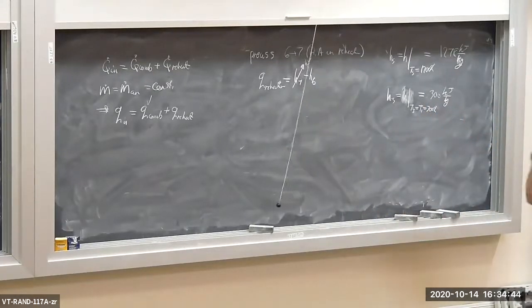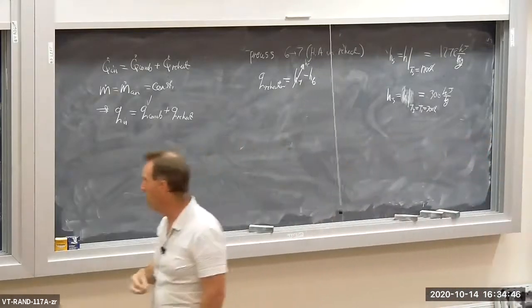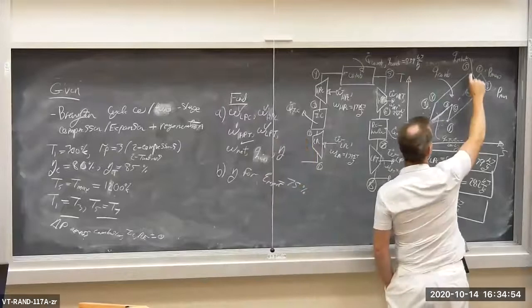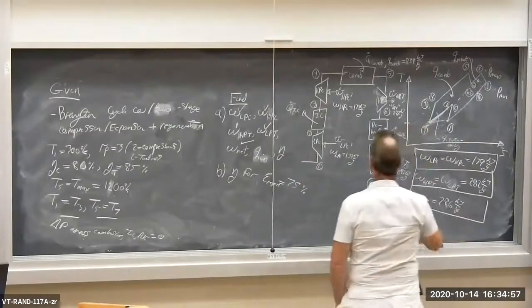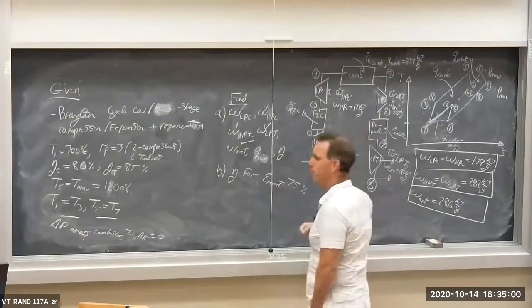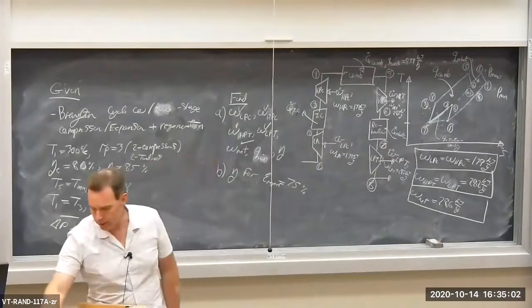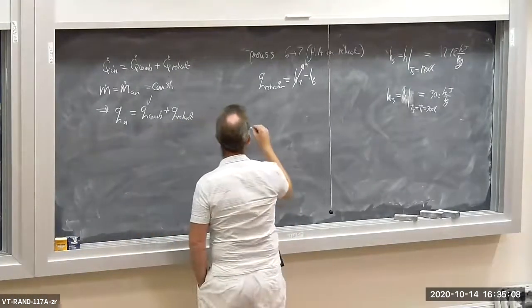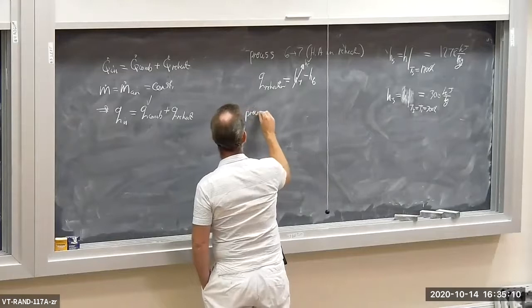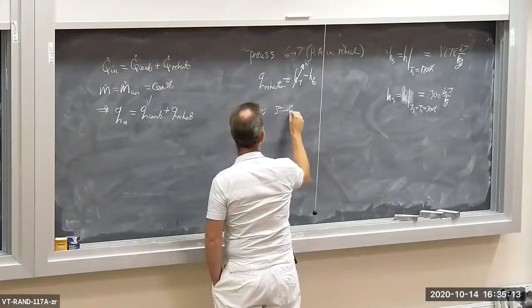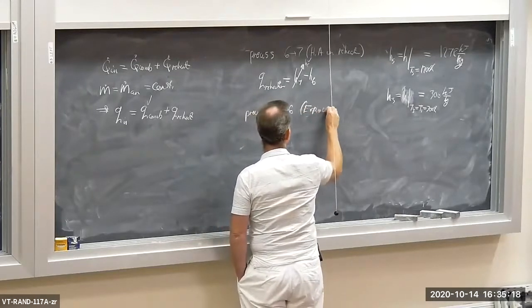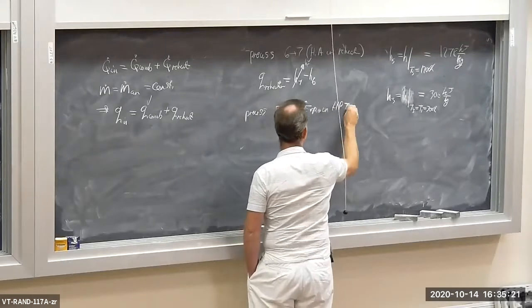H6, oh boy. Well, let's look at process 5 to 6, which is the expansion in the high pressure turbine. If I apply the energy balance to the high pressure turbine, no change in kinetic energy, steady state, no heat interaction, for process 5 to 6, this is expansion in the high pressure turbine.